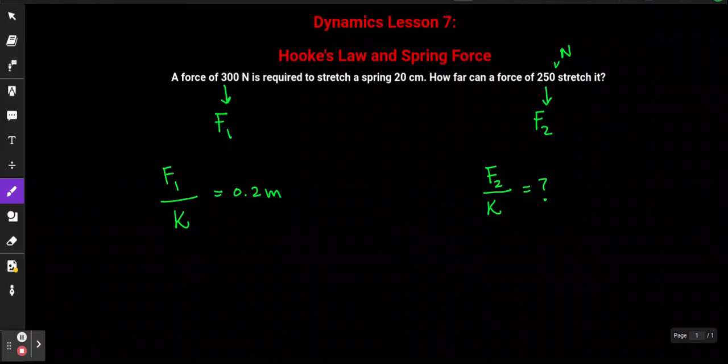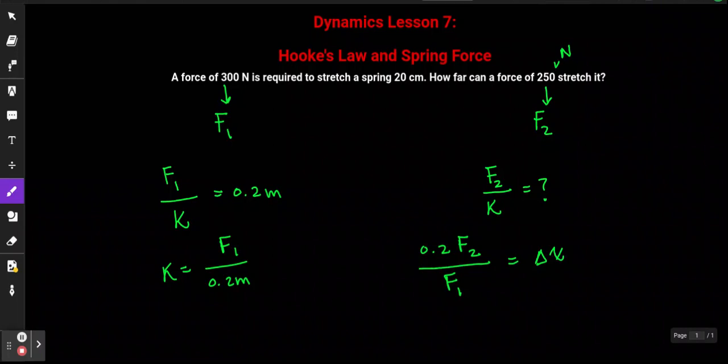We can say that the K value, because it is unknown, is equal to force 1 divided by that 0.2 meters. Therefore, the displacement by force 2 is essentially 0.2 times the force 2 divided by force 1, and that's going to give us our delta X.